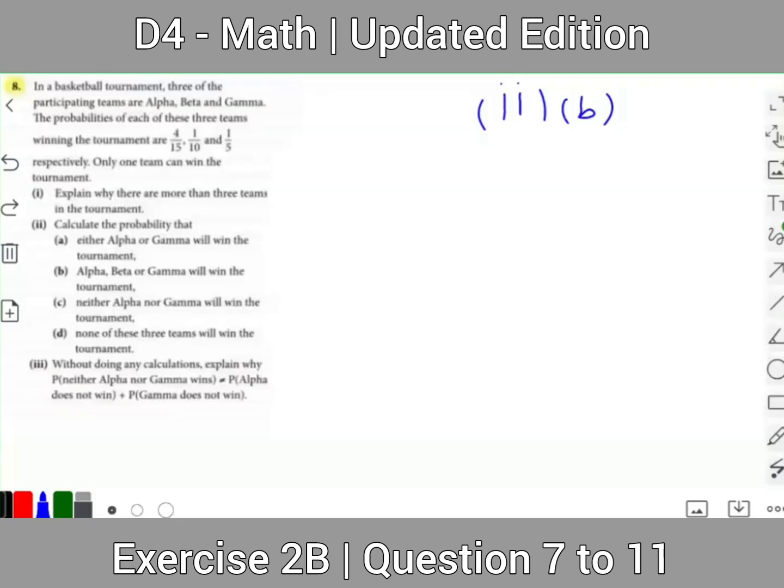Now in part B, I'll calculate the probability that alpha, beta, or gamma will win the tournament.